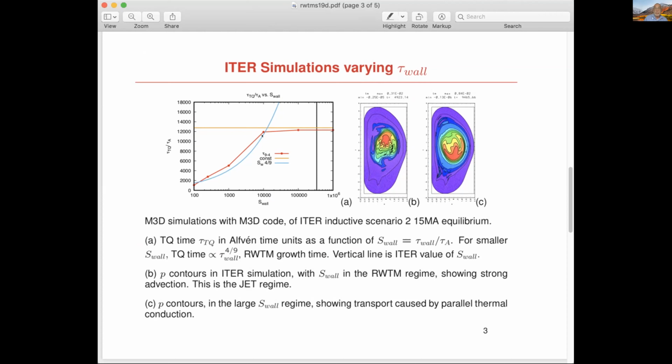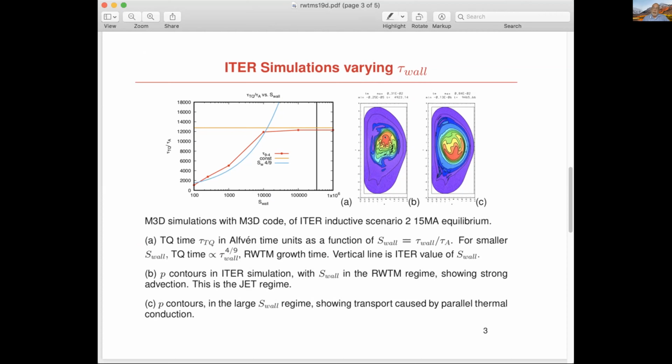It can be fit by the same power law that you would get from the theory I just mentioned: growth with the resistive wall time to the 4/9 power, and then it asymptotes. The JET experiment is located in this regime here, where S wall, or tau wall, is relatively low, and this dark line shows where ITER is going to be.